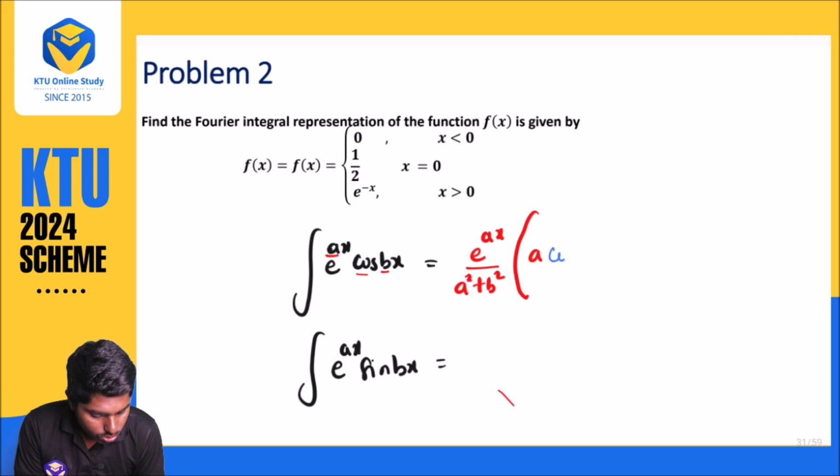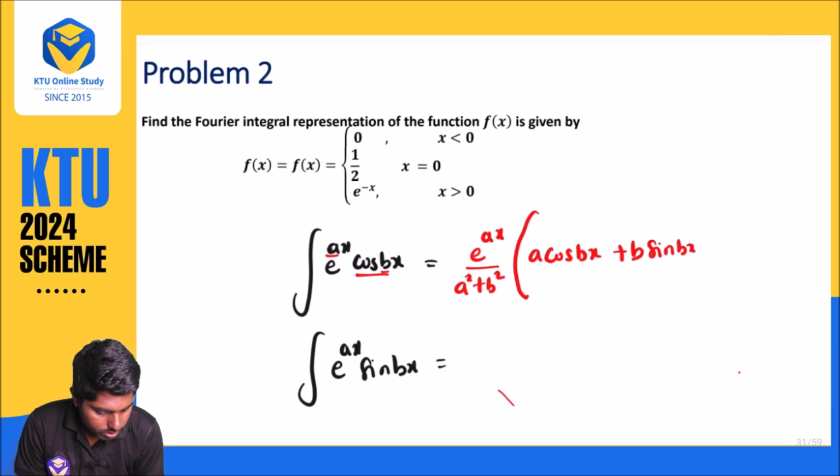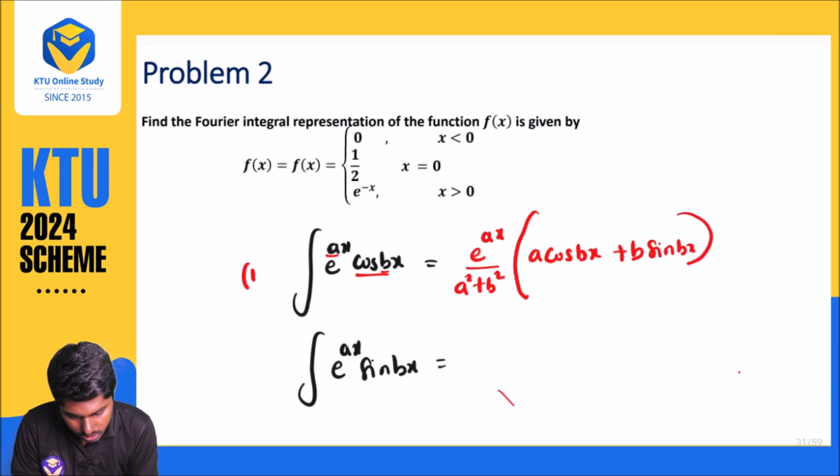Then the second alphabetic letter is B, so b into sin bx. This is the first formula.